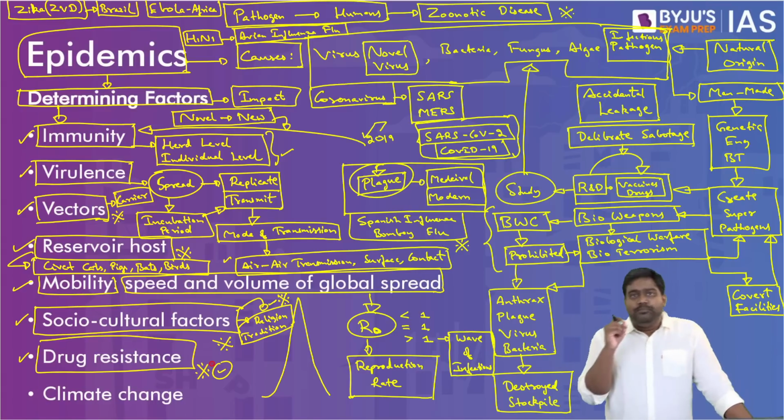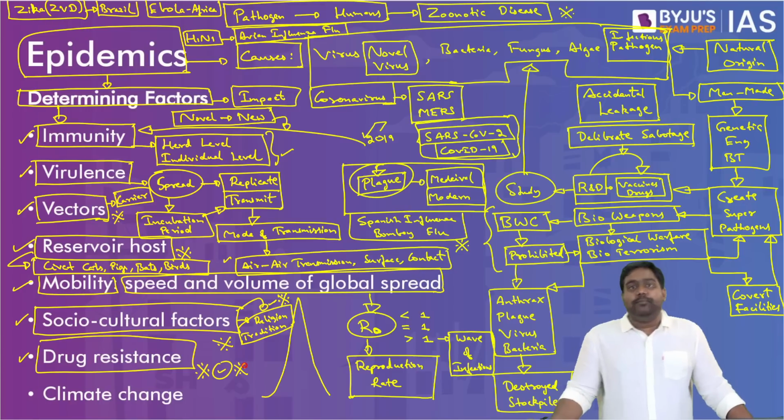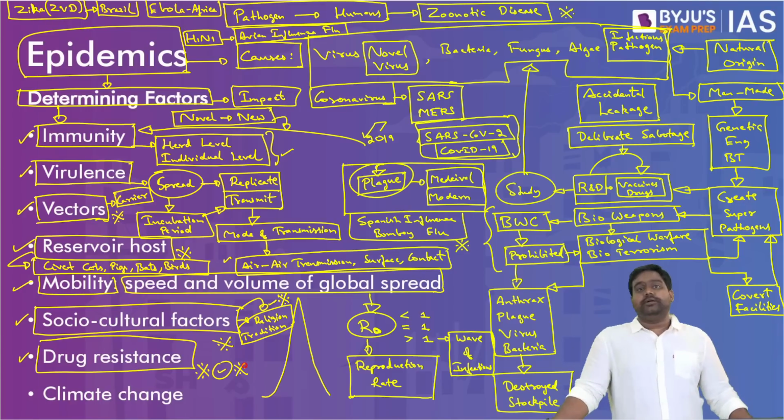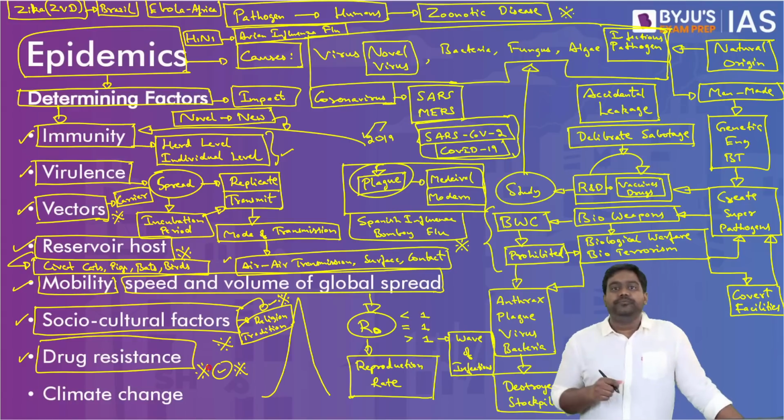So when you abuse antibiotics and drugs and essential medicines, drug resistance will build up. The pathogen becomes smarter. It mutates, it evolves to overcome the impact of the drug. Your body's immunity gets compromised. Drug resistance would get built up. And hence, your first and second line of defense gets wiped out.